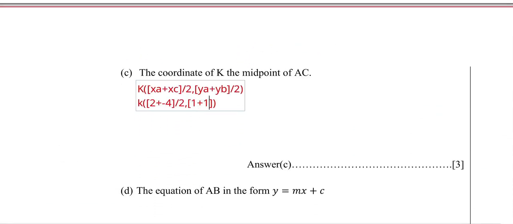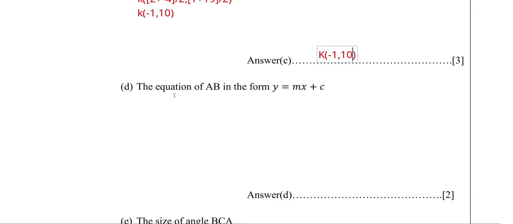So this is 1 plus 19 over 2. 2 minus 4 is -2 over 2, it's -1, and then 1 plus 19 is 20 over 2, it's 10. So the coordinates of K are (-1, 10).